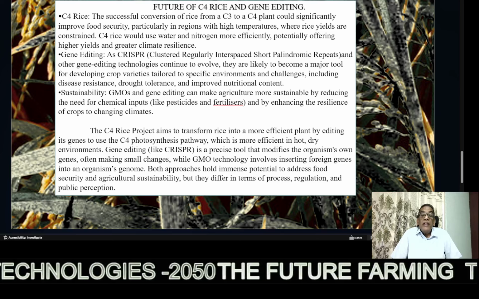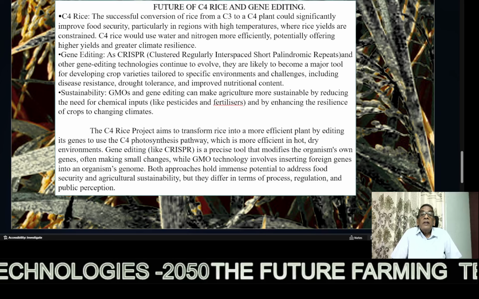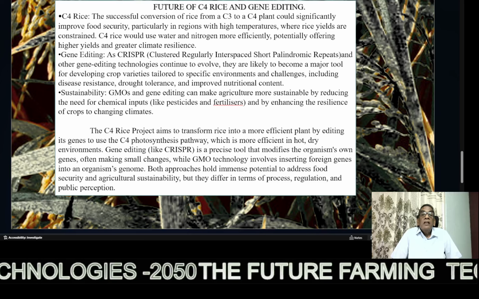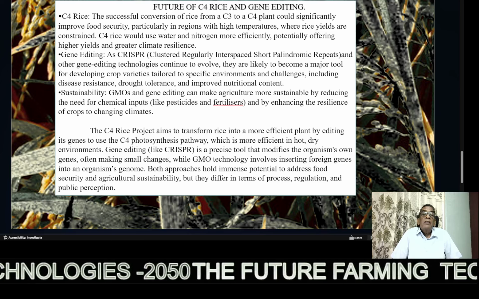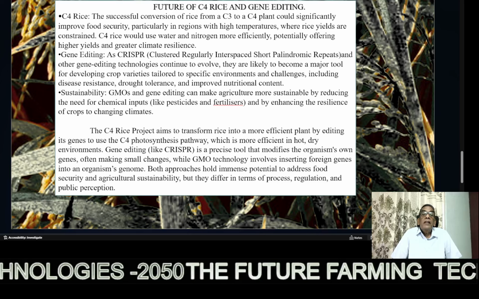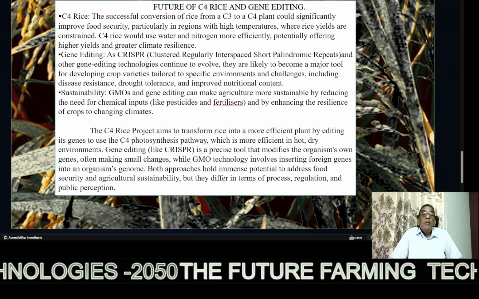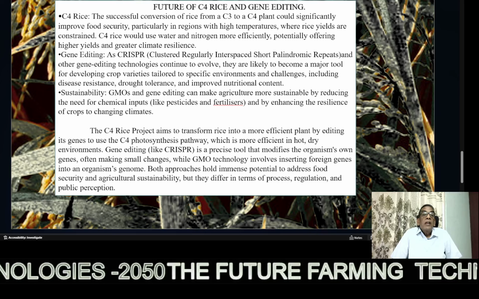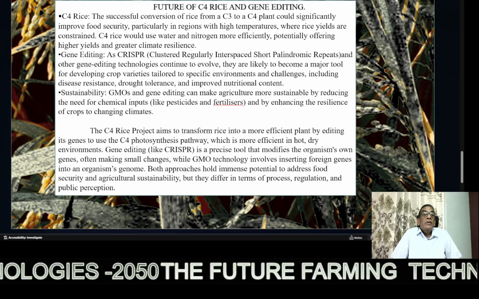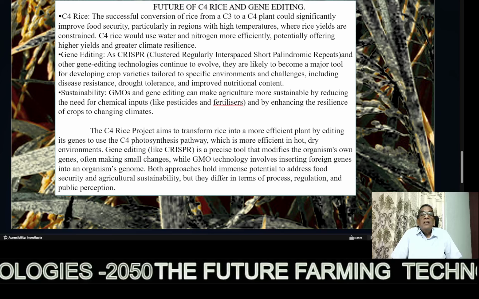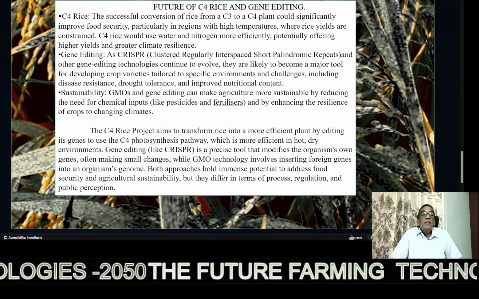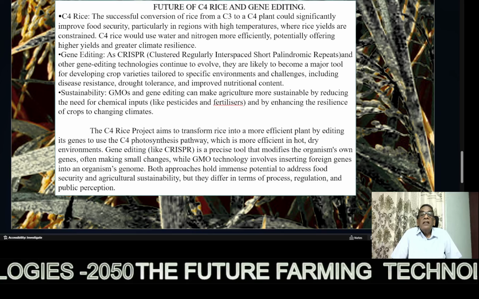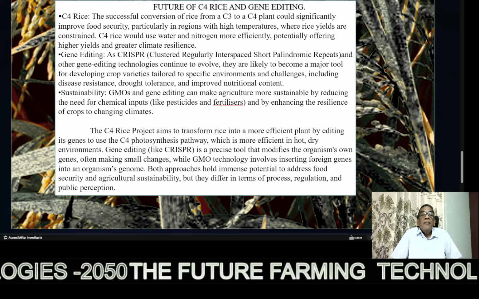So here, gene editing again, as CRISPR. What is CRISPR? The full form is clustered regularly interspaced short palindromic repeats, and other gene editing technologies continue to evolve.